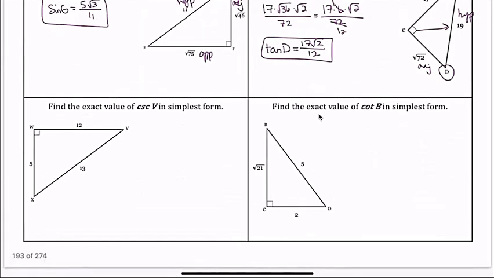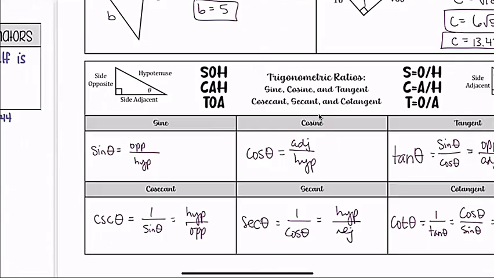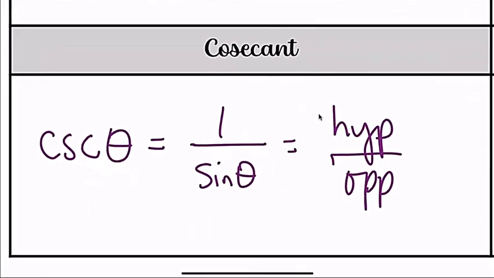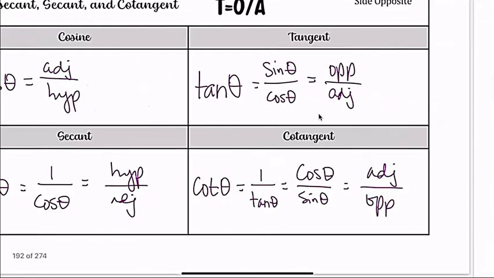The last two here are very simple mathematically because I want to make sure you understand how to use the reciprocal ones. Looking at these, we have an exact value in simplest form for both. It's looking for the cosecant of v. So looking over here, cosecant is the reciprocal of sine, so it's hypotenuse over opposite.